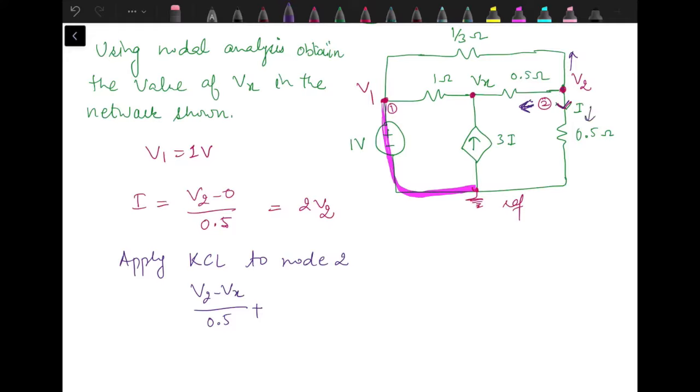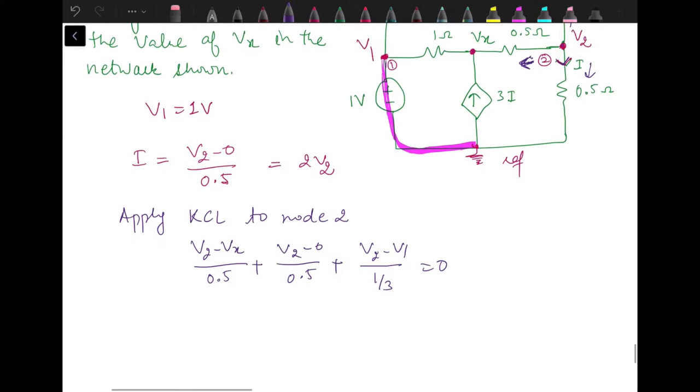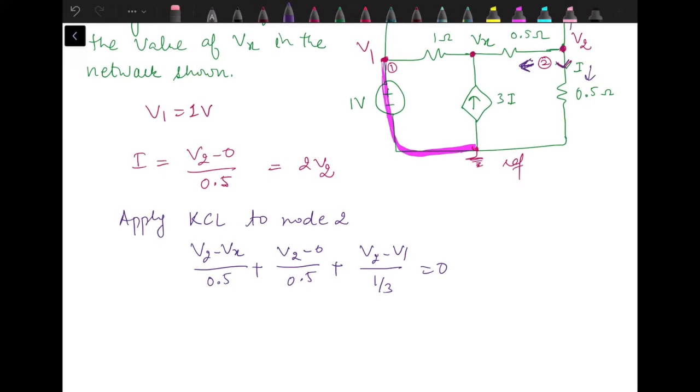Then current through this one is V2 minus 0 by 0.5. Then current through the 1 by 3 ohm resistance is V2 minus V1 by 1 by 3, equal to 0. Using the value of V1 as 1 volt in this, the equation will be simplified to minus 2Vx plus 7V2 equal to 3. So this is our first equation.